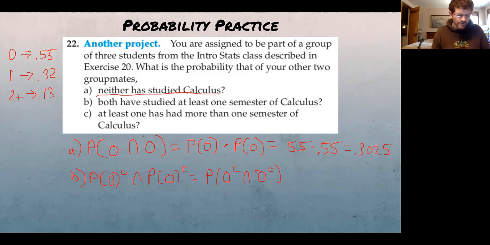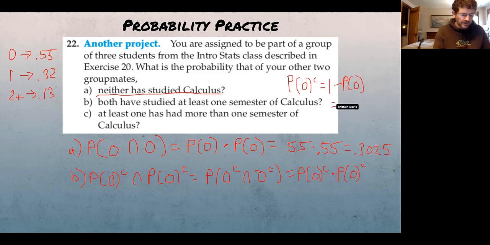Anyways, I'm just going to take the probability of 0 complement and multiply it times the probability of 0 complement. So what's the complement of 0? That's just 1 minus the probability of 0. I know I'm going through every single step, and you might not need to see it, but it's not going to hurt you to see it.